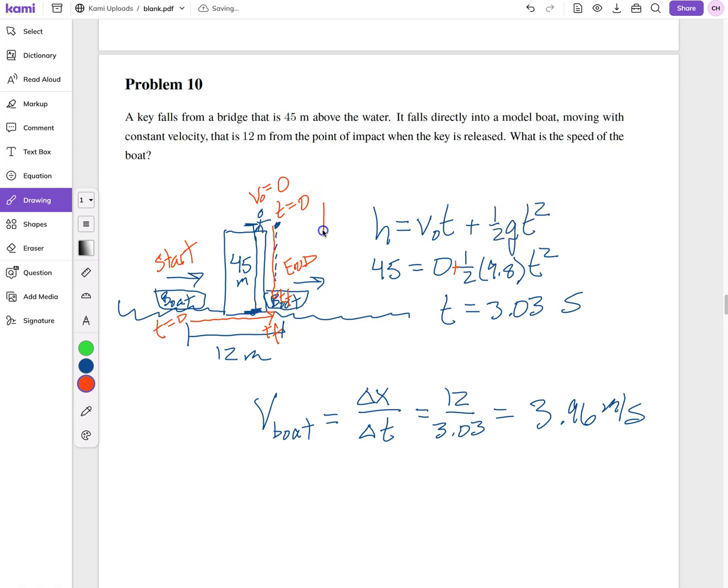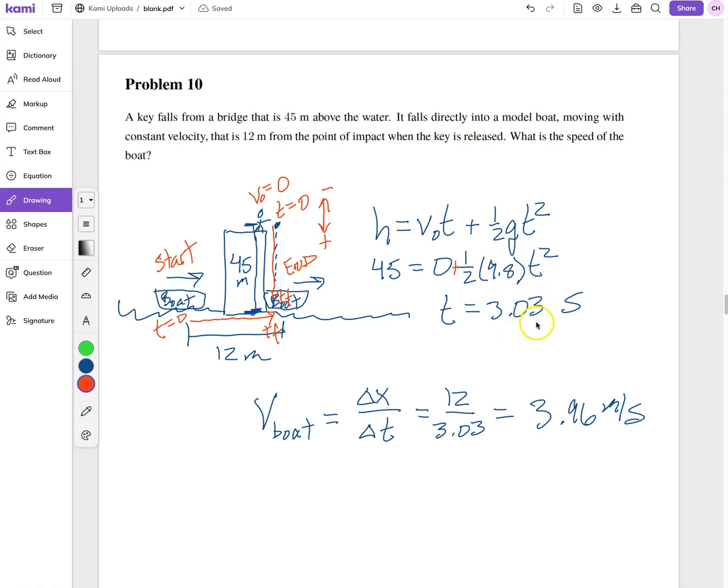And because we know that it's moving down, let's make down positive this time, and up is negative. Since we're measuring from the top down, and that's 45, we'll make it positive. And because gravity is down, and we said down is positive, we'll make that positive. So that's just plus 1/2 gravity times time squared.